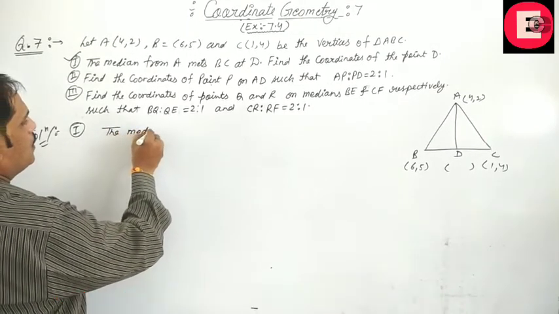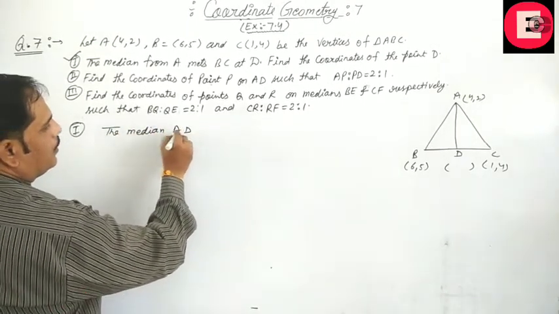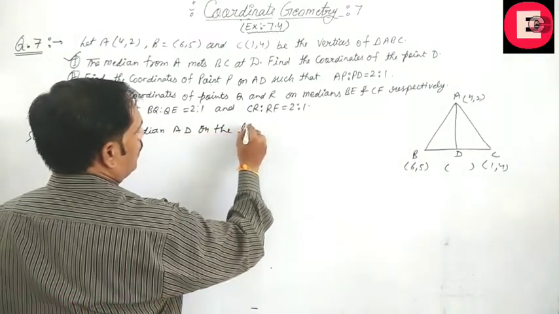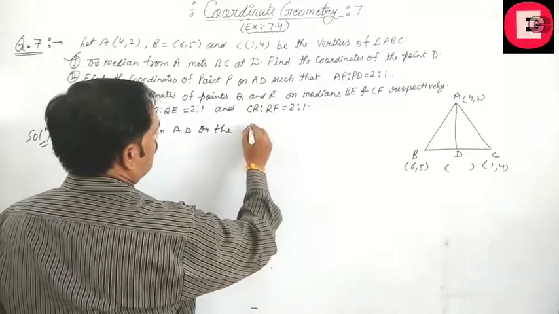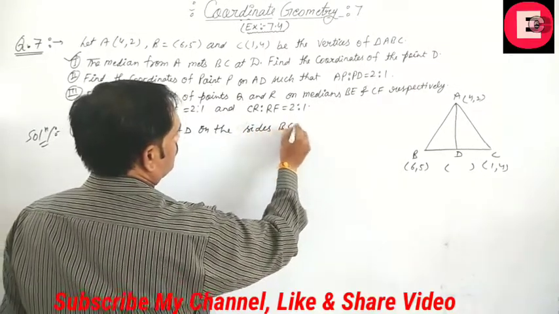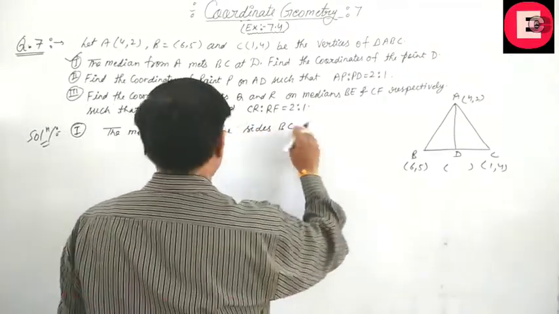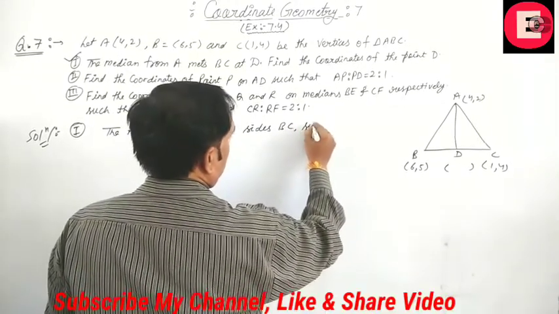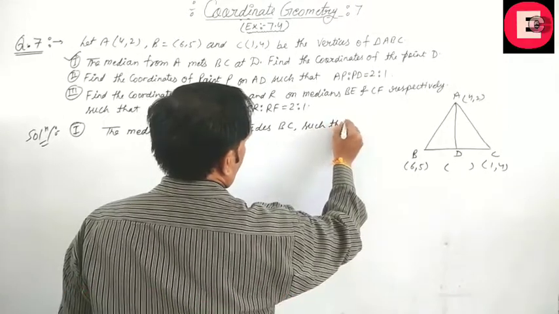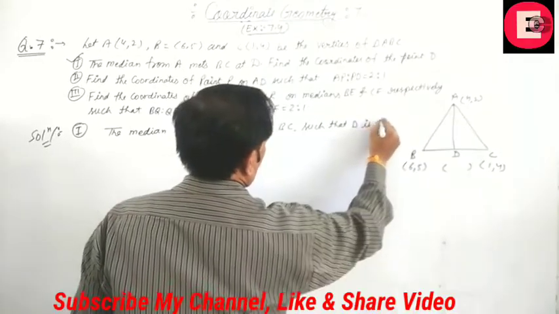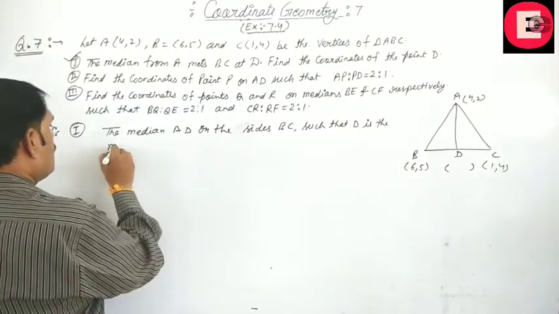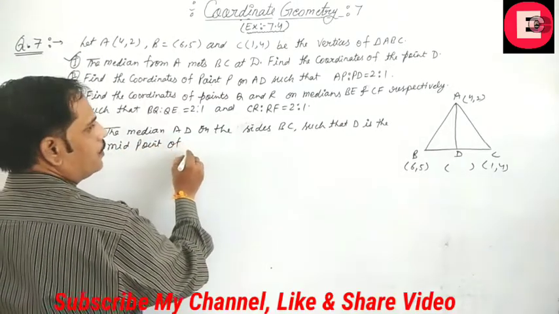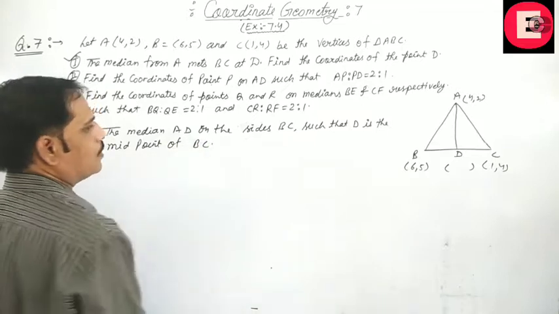The median AD is on the side BC such that D is the midpoint of BC.